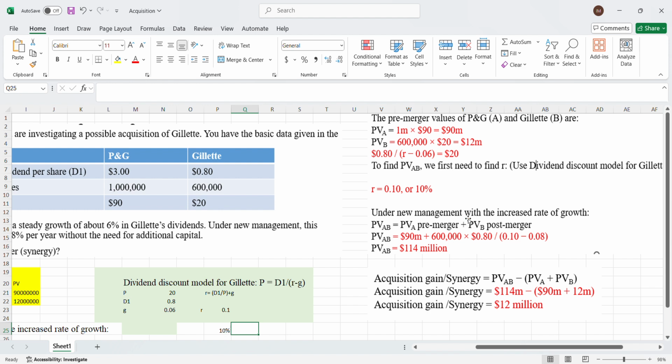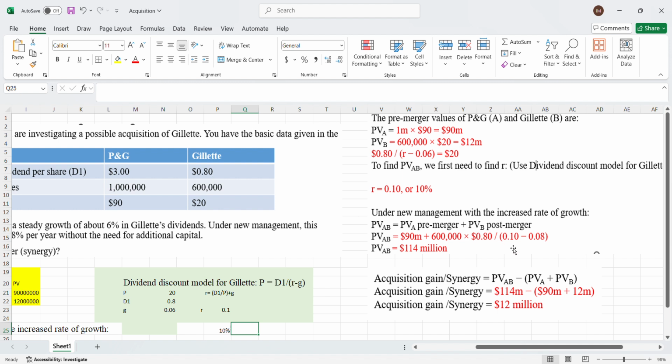Under the new management, with the increased rate of growth, we know the increased rate is 8%. For the pre-merger, our present value for P&G is 90 million, so we just put it here, and we now need to accommodate the changes for Gillette. The number of shares is 600,000, and we discount it with the 10% R, and the dividend is 0.80, so we put D1 here.